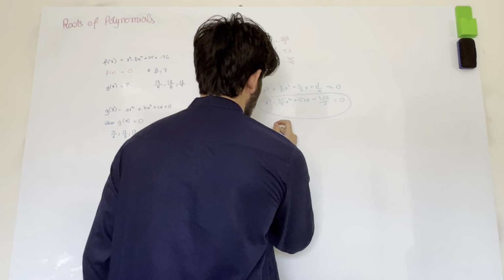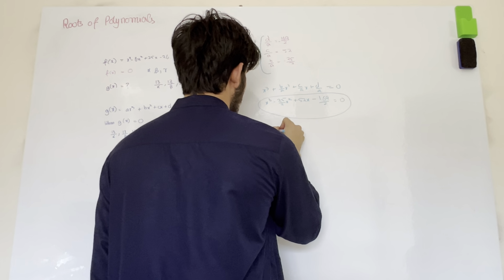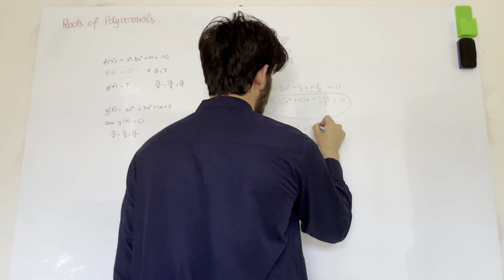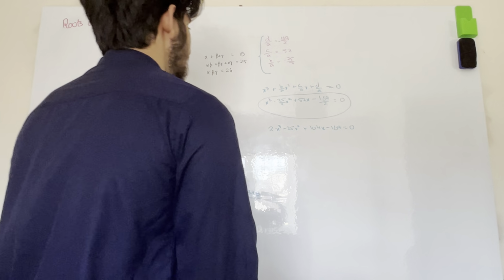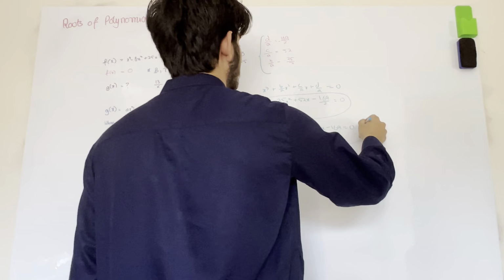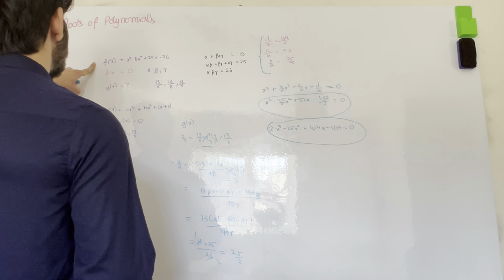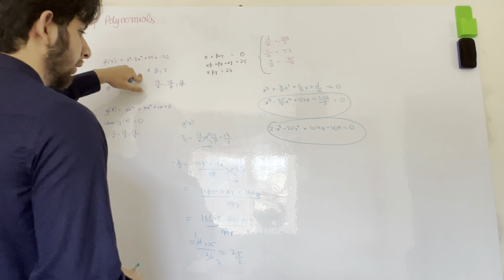I think it's better if you multiply the 2 from the denominator out, so you get 2x cubed minus 25x squared plus 104x minus 169, which equals 0. And that will be the final transformed polynomial for f of x if it had roots 13 over alpha, 13 over beta, 13 over gamma of the original roots.